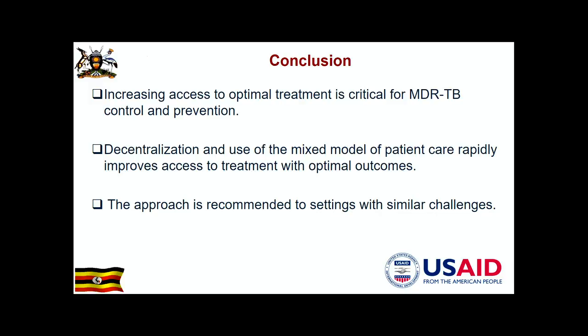Yes, we also have issues with turnaround time, but at least with the institution of the cohort reviews that we do, where we bring on board the lab teams and the clinicians who are managing patients, we've been able to reduce this significantly, and the lab has put in place a system to communicate with all the treatment centers and relay the profiles of each of the patients in time.